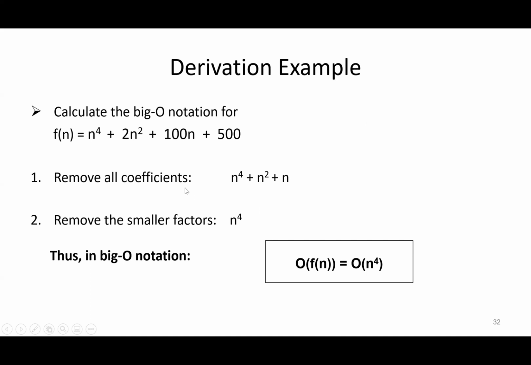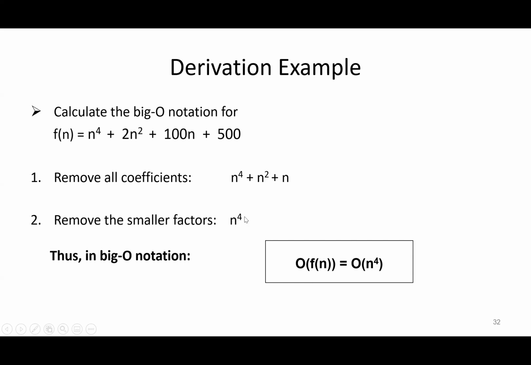First step, remove all coefficients, right? The coefficients here are like 2, 100, 500, all this remove. So you're left with n power 4 plus n power 2 plus n. And then remove all the smaller factors. So when you compare this n power 4 plus n power 2 plus n, the smaller factors will be n power 2 and n.